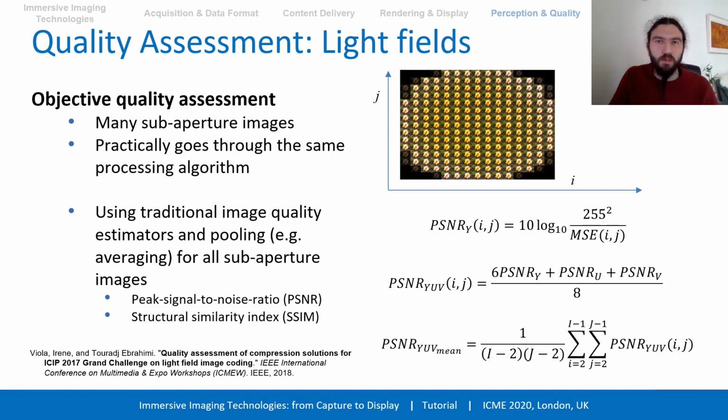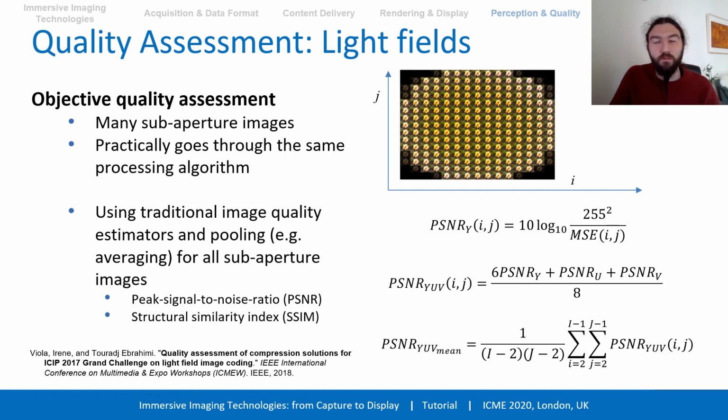For example, for the calculation of PSNR over a light field, first, the PSNR is computed over individual Y, U, and V channels of a single subaperture image, and then a single PSNR value for a single subaperture image is found by pooling different Y, U, and V values together, and all of these values are then averaged over the whole light field, and a single PSNR value has been found for a light field.